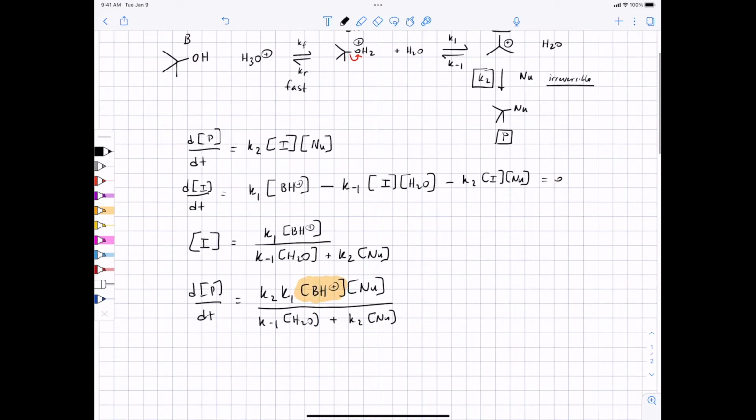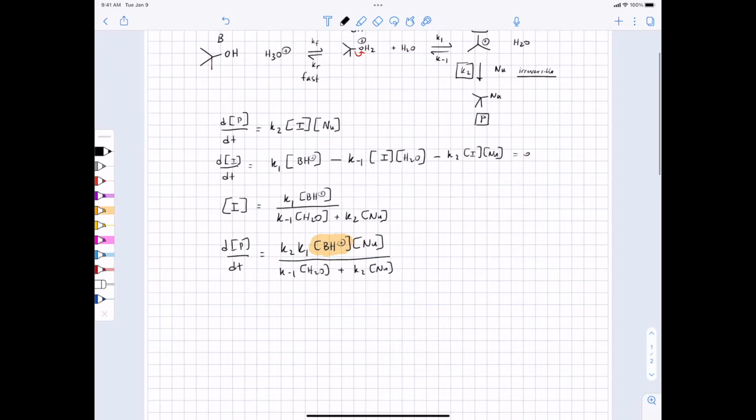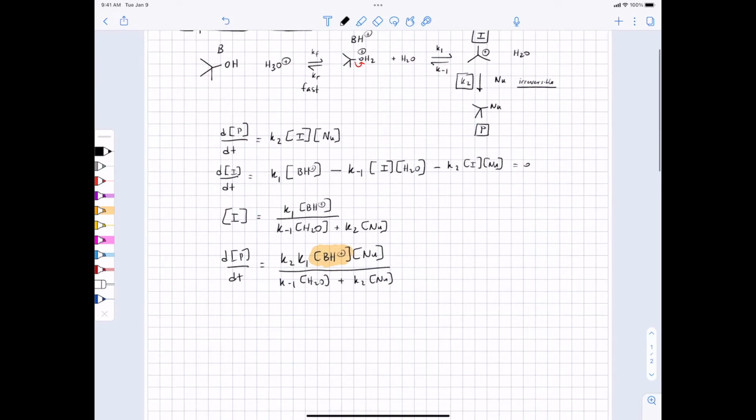There's an equilibrium constant for the reaction of BH+ with water to give you B, which is your alcohol, and H3O+.